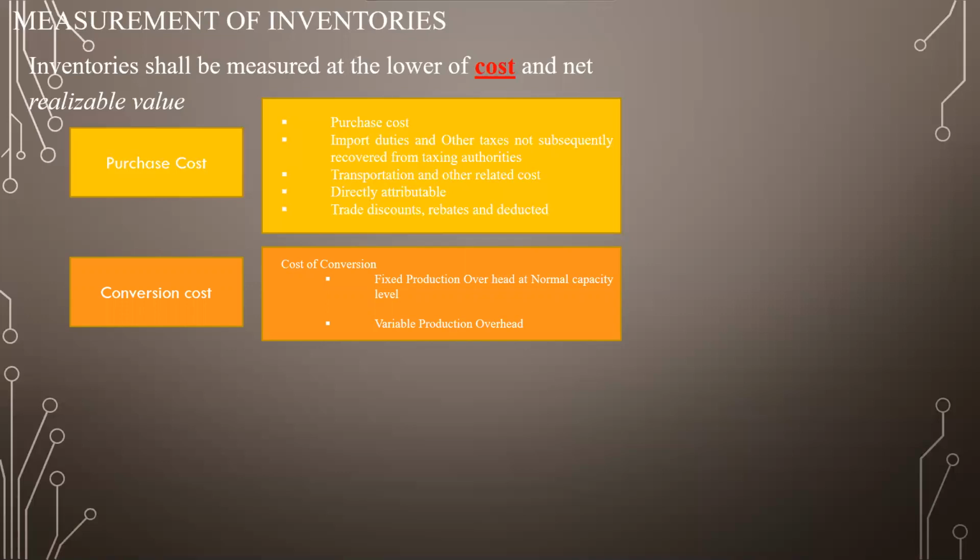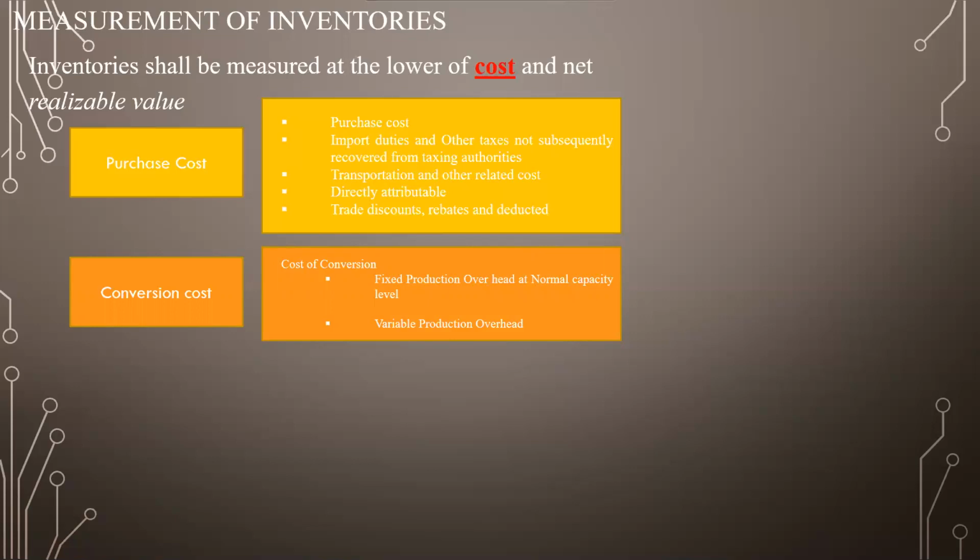One is the fixed overhead. Second is the variable overhead. As all of us know, fixed overhead is irrespective of my level of production. This cost is going to be constant. Variable overhead normally goes up or comes down depending on my level of production.